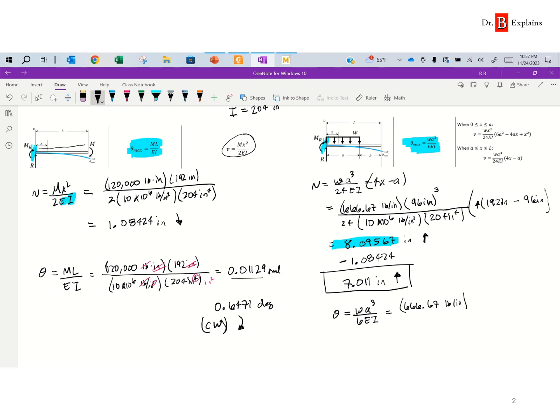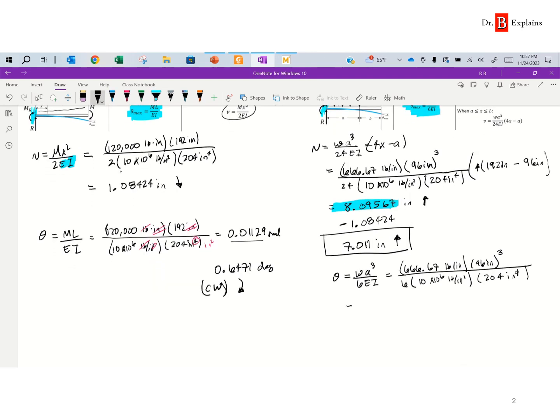A is the span of the distributed load, which is 96 inches. Remember, this number gets cubed, divided by the constant 6, divided by the elastic modulus, or 10 times 10 to the 6 pounds per inch squared, for the gray cast iron, right? And I is 204 inches to the 4th.